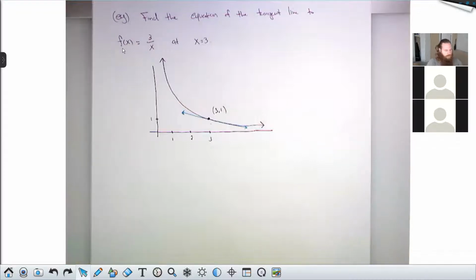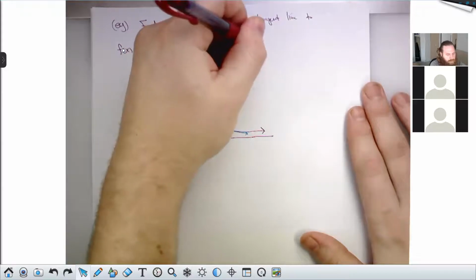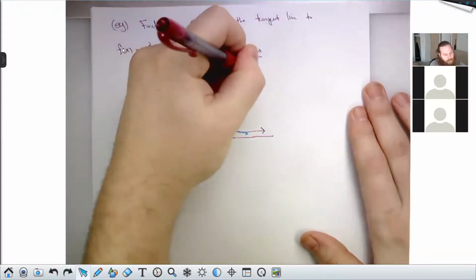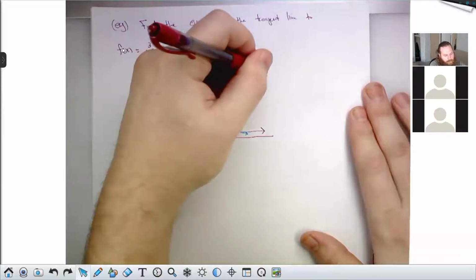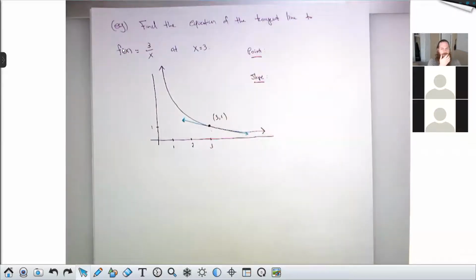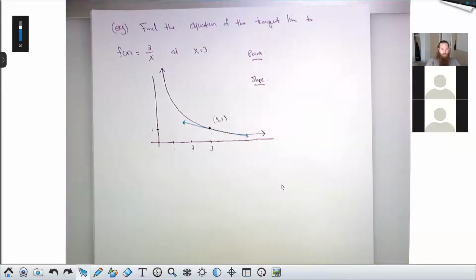To do that, I need 2 things. I need the point, and I need the slope. The point is easier. What is the point here that I'm going to use in my point slope formula? Yeah, it's always the point of tangency.